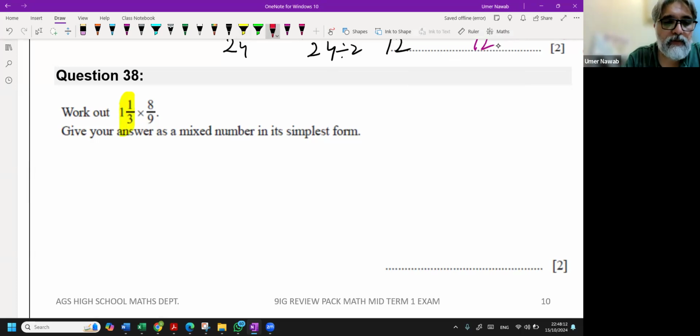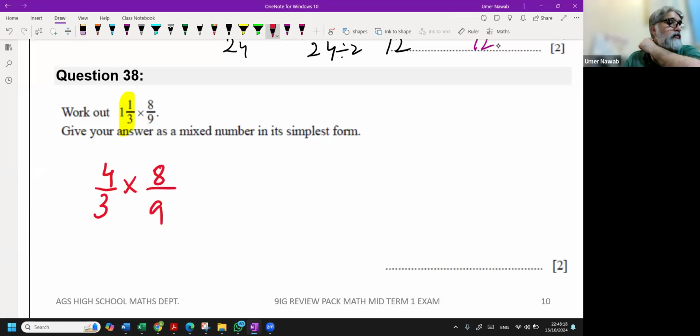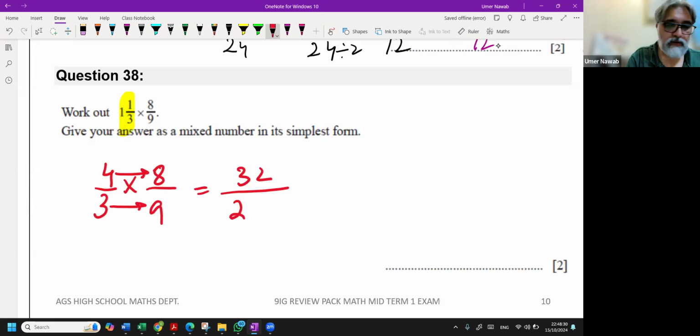So it will give you 4 over 3 times 8 over 9. In case of multiplication, don't apply the butterfly technique. Just multiply 4 with 8 and 3 with 9. So 4 times 8 is 32 and 3 times 9 is 27.